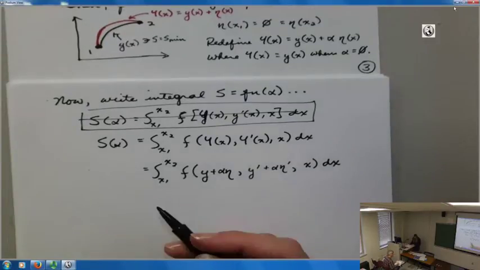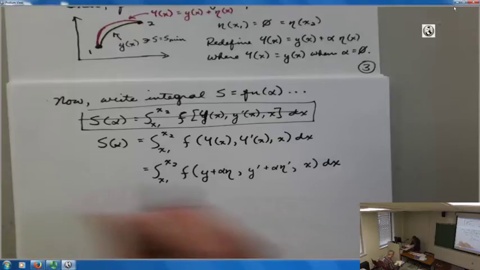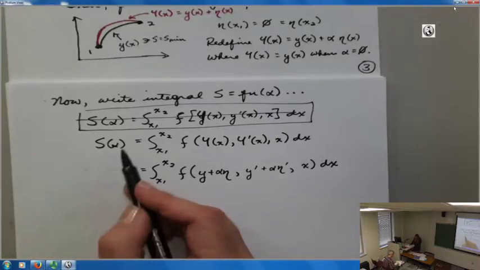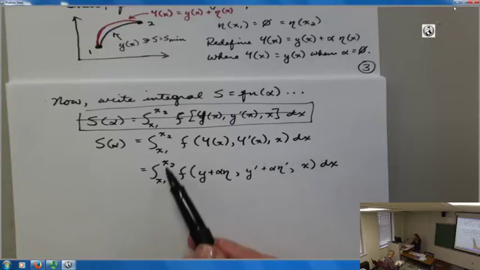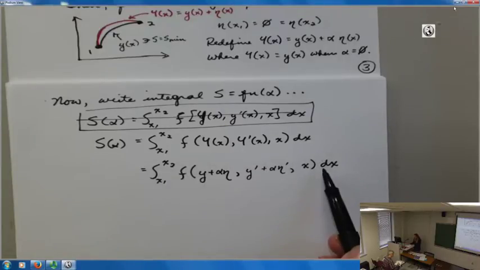Okay. Now, let's go ahead and note, because ultimately I'm going to want to think about the derivative of this object on the left-hand side with respect to alpha. And that's going to be equal to the integral of the derivative of my integrand, which is this function, with respect to alpha times dx. So let's think about the derivative of that integrand.